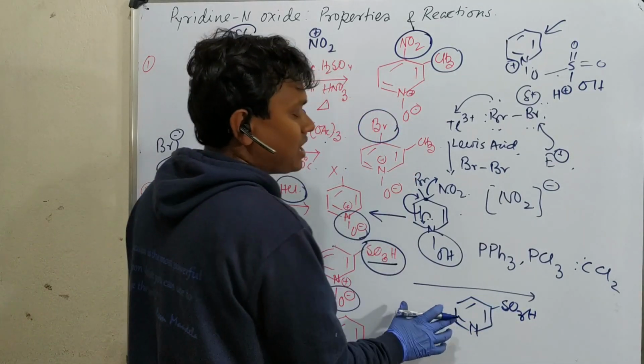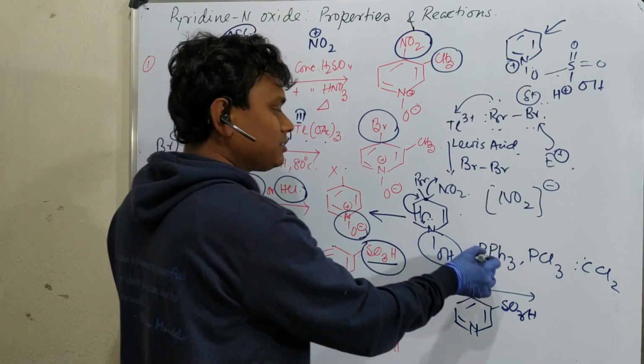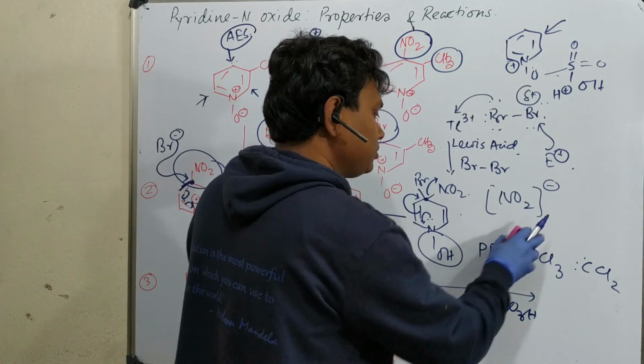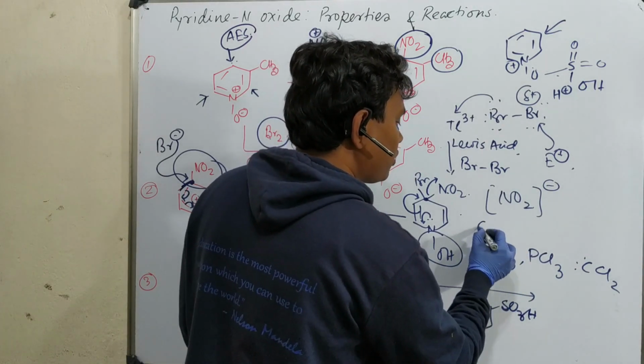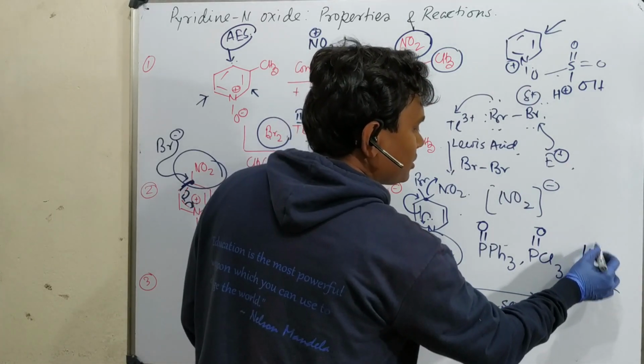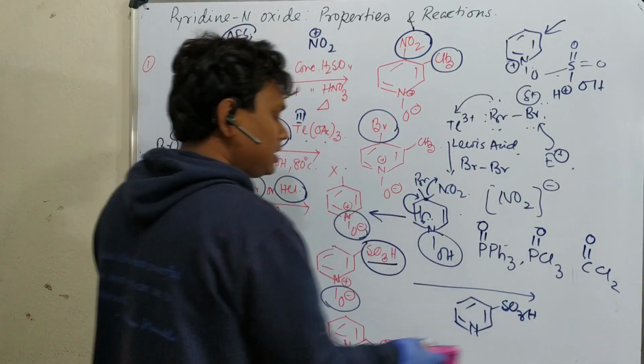This is completely my opinion. I haven't found it in the book, but I want to give you the message that the methodology is possible. This PPh3 will be converted into the oxide, with the oxygen forming a double bond. Here also phosphorus oxychloride, and this carbene will be converted into carbonyl chloride or phosgene.